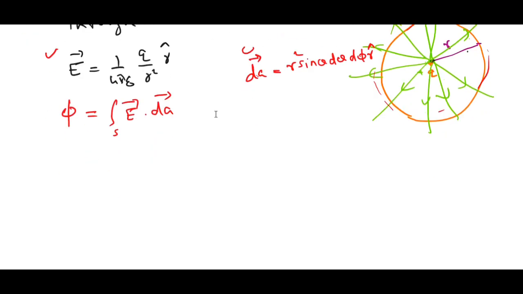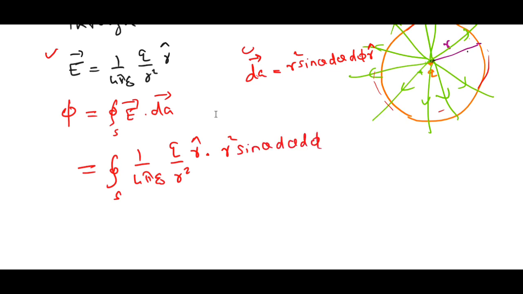Therefore, this is a closed surface integral of 1 by 4 pi epsilon 0 q by r square r cap dot r square sine theta d theta d phi r cap. This r cap dot r cap is equal to 1.